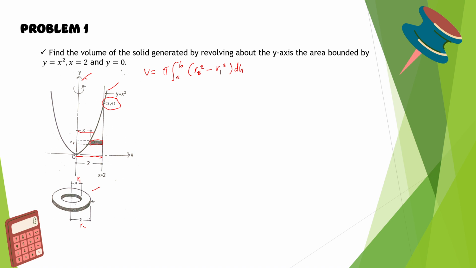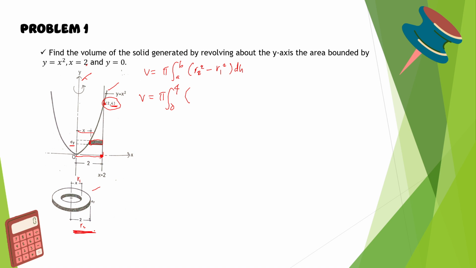This is the width of our cuttings, dy. Since it is in terms of y, our limits for cutting are y from 0 to 4, because when we substitute the value for x = 2, y is equal to 2 squared, that is 4. So therefore our limits are from 0 to 4. So V is pi times the integral from 0 to 4, and the first radius is equal to 2.